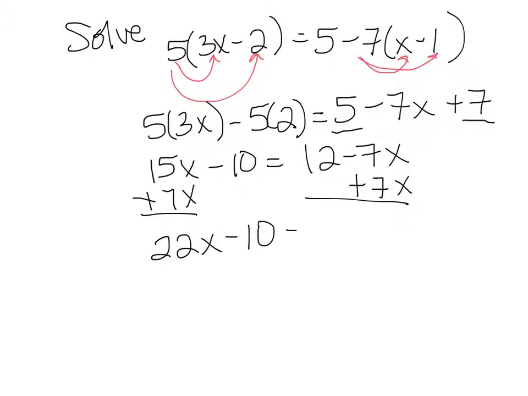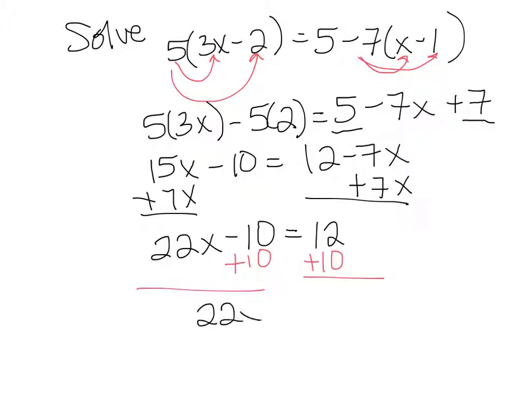That minus 10 is still hanging out, and it's equal to 12. To finish isolating x, we will add 10 to each side. Again, we're using that addition property of equality. We have 22x is equal to 22. And if we want to isolate x, we'll divide each side by 22. And we get x equals 1.